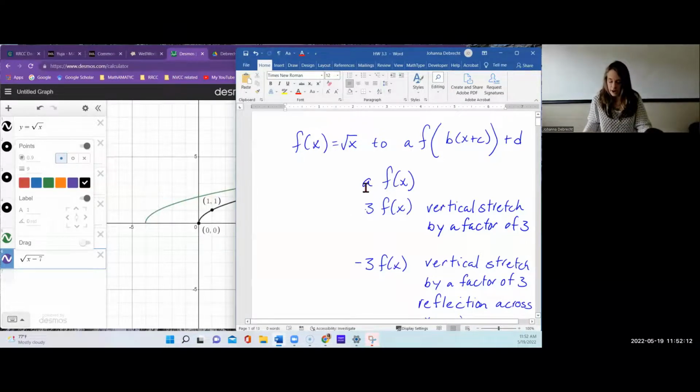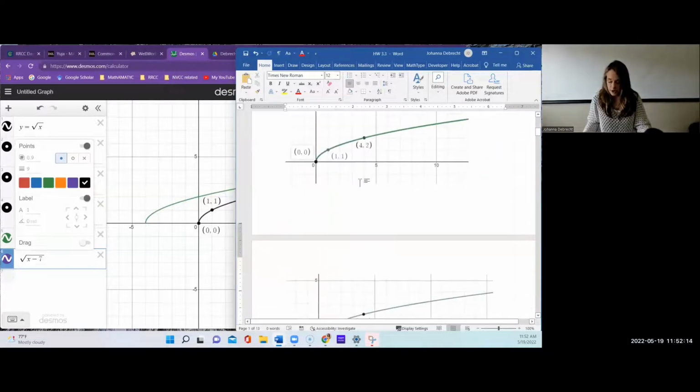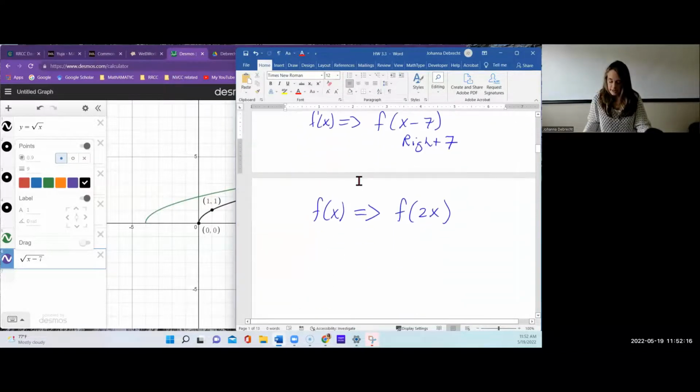On the inside, however, it does the opposite to what I expect. And since it does the opposite, I would expect the 2 to stretch it, but it's affecting x, so it's the opposite to what I expect. So this must be a compression by a factor of 2.